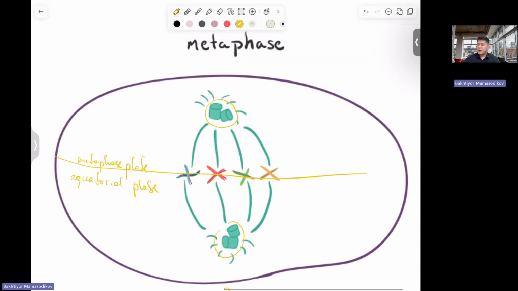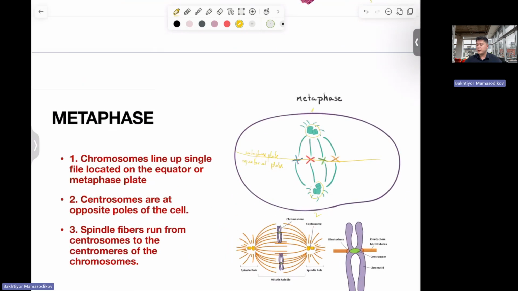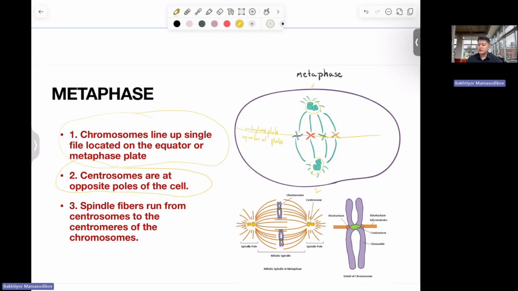Do you remember? This is the second pole, this is the first pole. The centrosomes are in the poles now, and the chromosomes are lined up in the center. We call this center metaphase plate or equatorial plate, okay? You see the centrosomes at opposite poles of the cell, chromosomes lined up in the equator or metaphase plate, and spindle fibers run from the centrosomes to the centromeres of the chromosome.